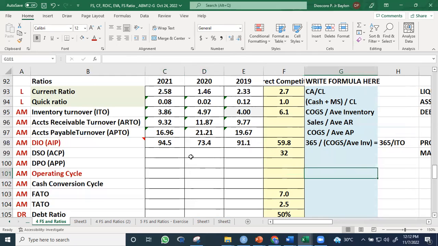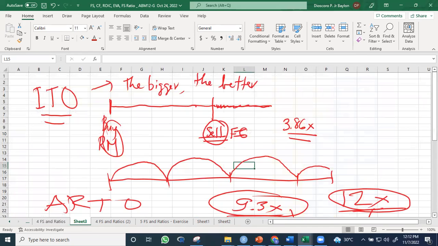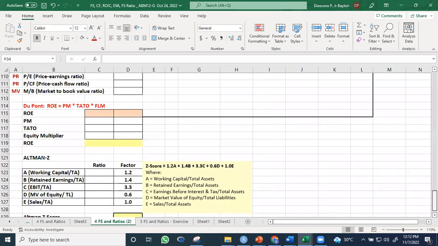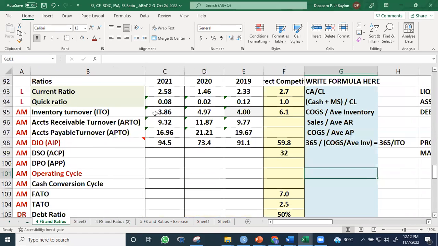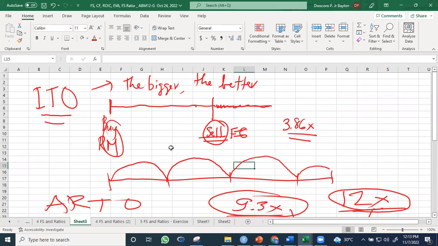All right, now we can take a look at it another way. Itong days inventory outstanding or average inventory period. Okay, balikan natin itong ITO dito. 3.86 yung ITO natin.